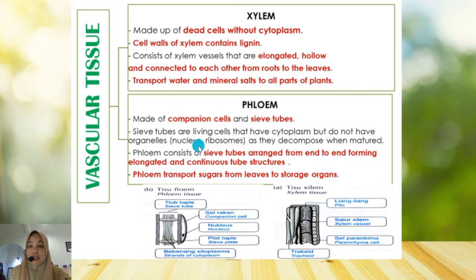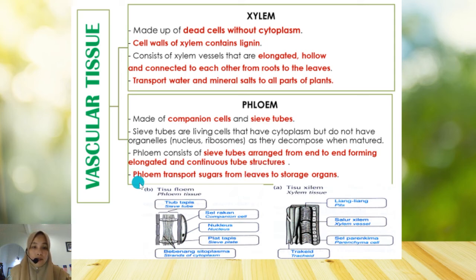Phloem consists of sieve tubes arranged from end to end, forming an elongated and continuous tube structure, but not hollow. Hollow is for the xylem vessel.